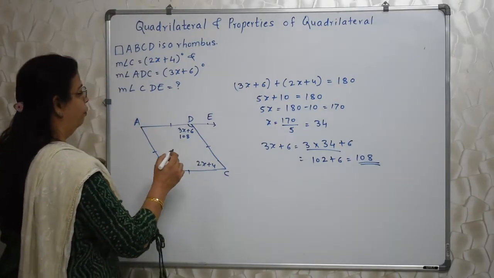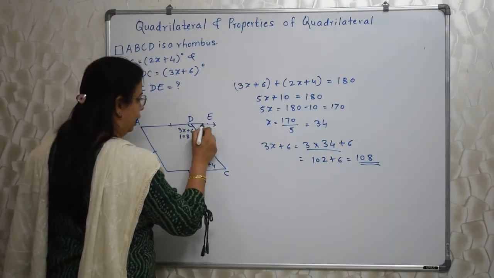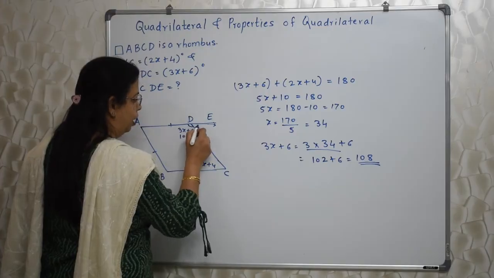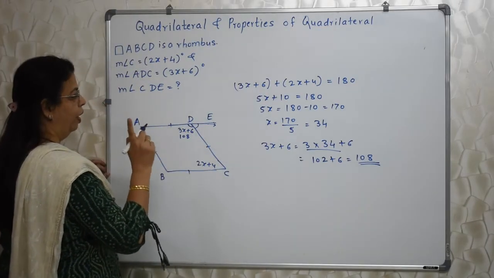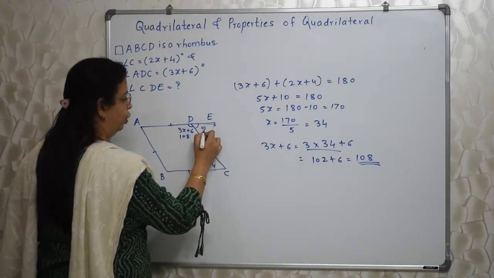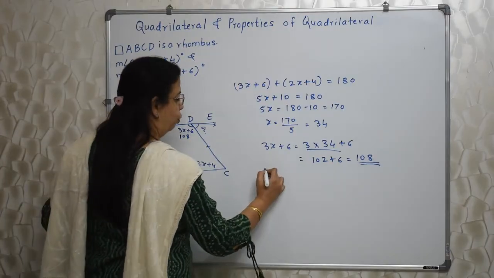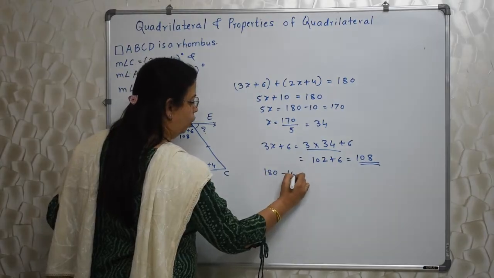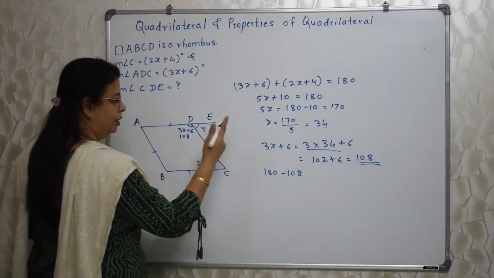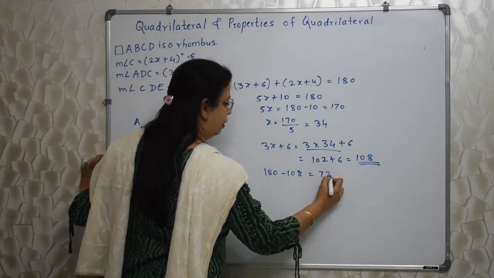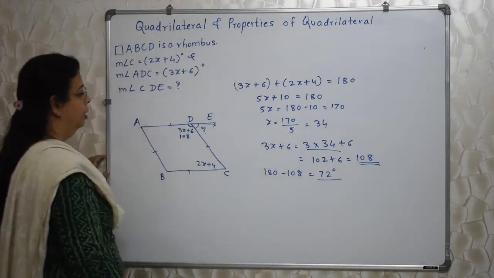Now with the help of linear pair, they form a line. So this plus this will be again 180. Linear pair of angles. So here we need to find out this. If you minus 108, which is the measure of this angle, you will get this. So easy. So the answer is 72 degrees.